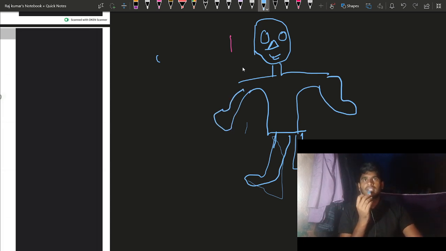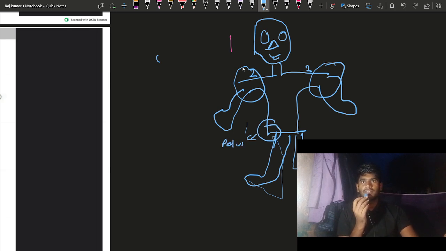So this part is known as pectoral girdle. Pectoral girdle, how much? There are two, and here also two. This is the pelvic girdle, P-E-L-V-I-C, and this is also pelvic girdle. So that means the total is 1, and this is pectoral girdle, P-E-C-T-O-R-A-L.